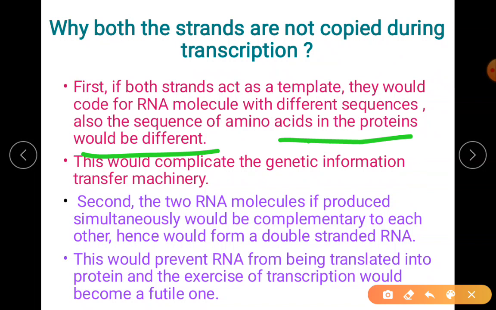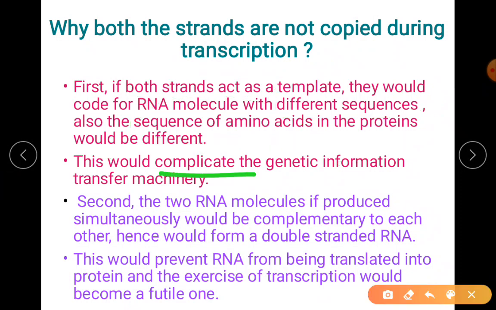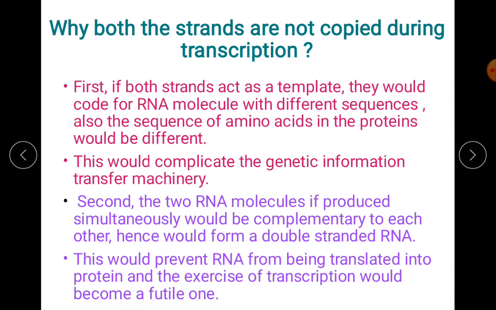If you take the sense strand, the sequence is different, therefore even the RNA will be different, and whatever protein you get is different. This is why they say it would complicate the genetic information transfer machinery. Whatever we need to express the character, that is your genetic information, would be difficult to achieve if both the template strands are transcribed.